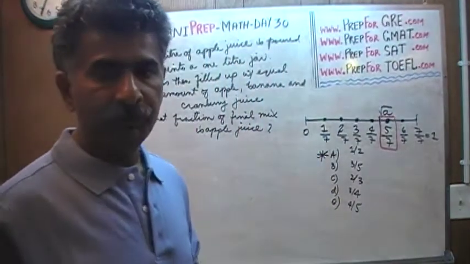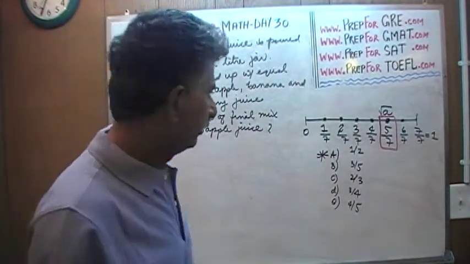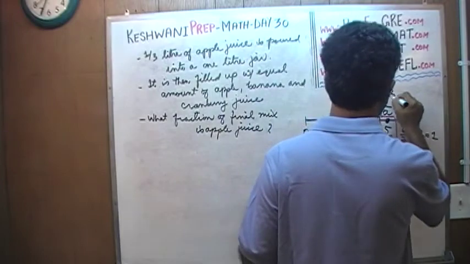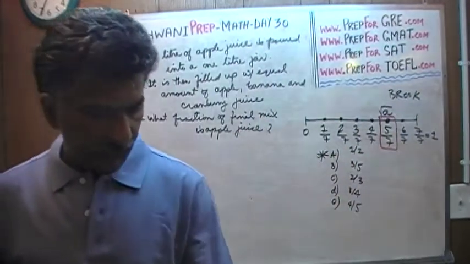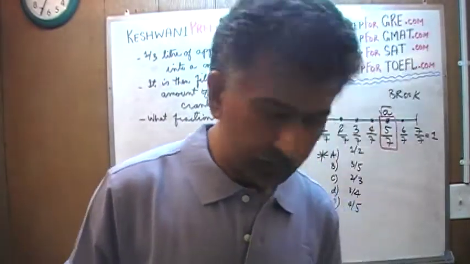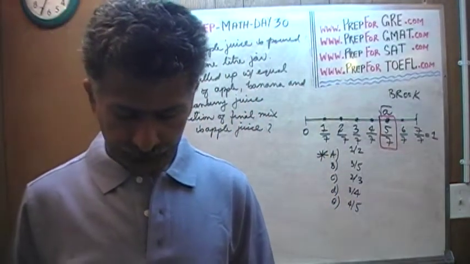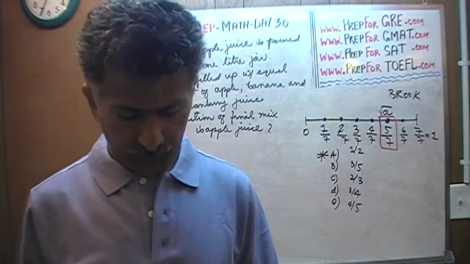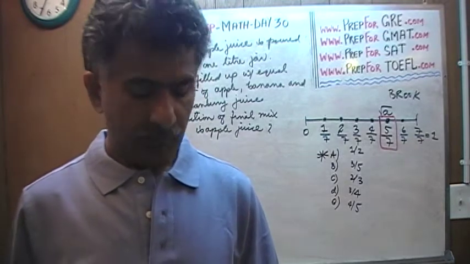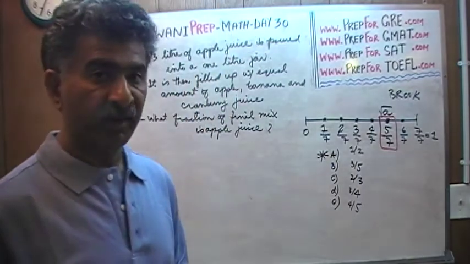There's nothing wrong with the conventional way if you can handle it, if you can brook it, if you can tolerate it, if you have an aptitude for it, if you have a skill for it, if you're conversant in it. But if you have trouble with the conventional way, then I'll show you how to do this problem with a plugging in method, where you just make up numbers.